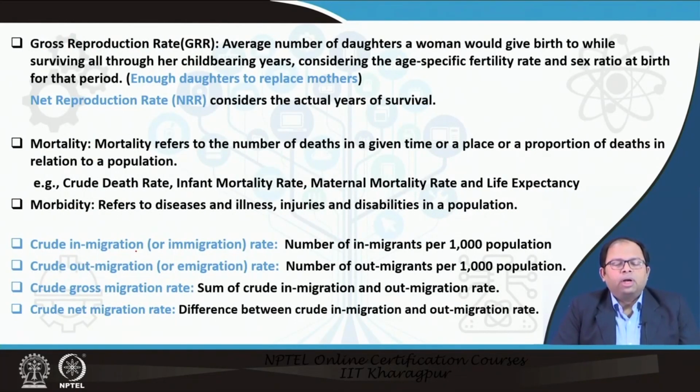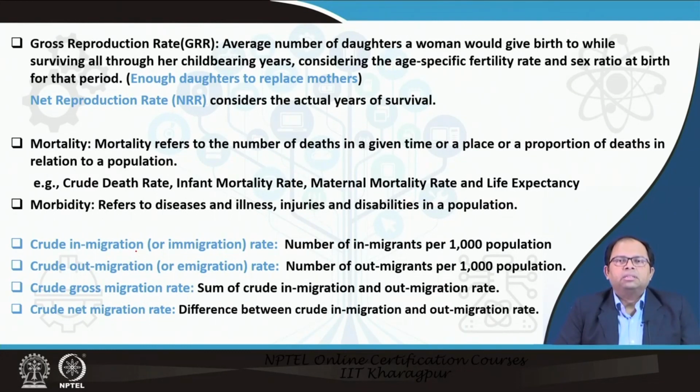Then gross reproduction rate, GRR, is the average number of daughters a woman would give birth to while surviving all through her childbearing years, considering the age-specific fertility rate and sex ratio at birth for that period. So what it means is, are there going to be enough daughters who can replace their mothers?